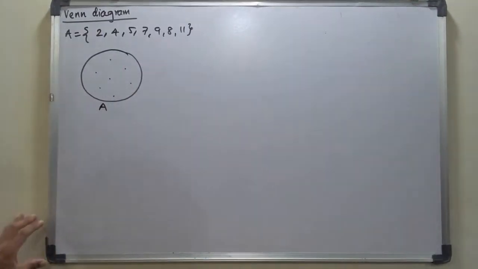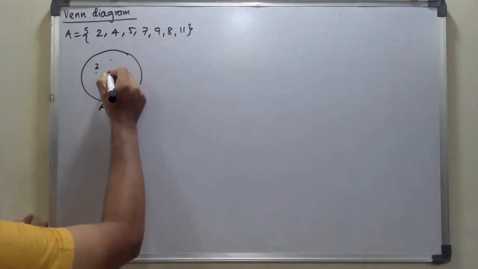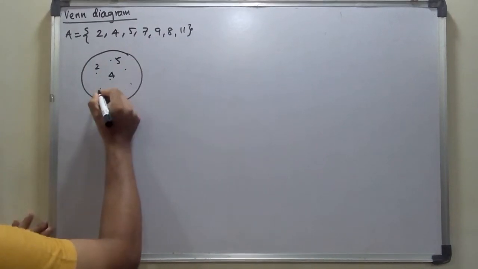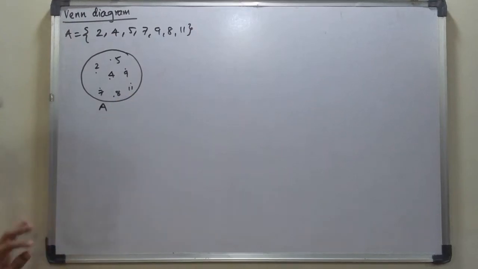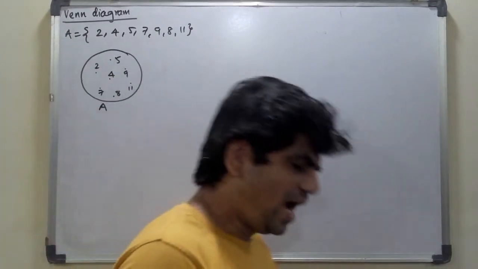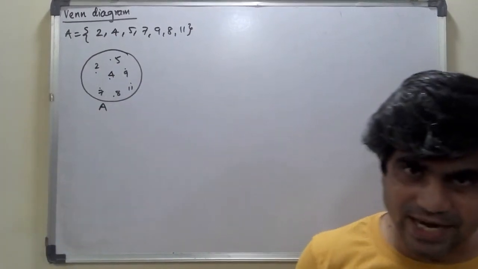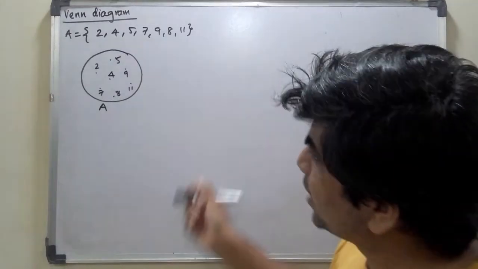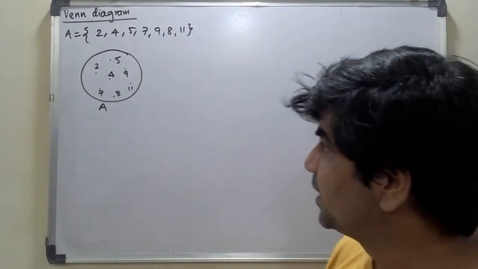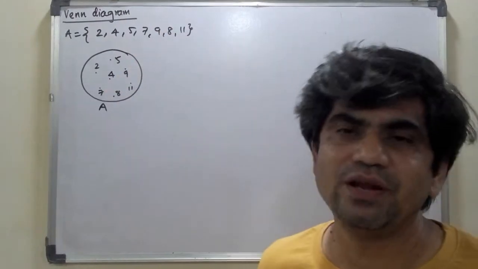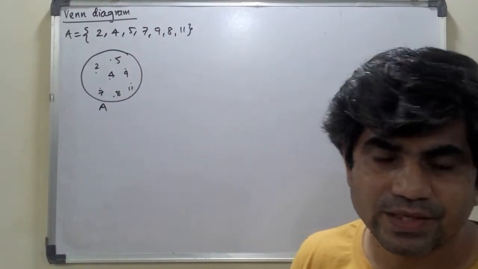It does not matter. So here 2, 4, 5, 7, 9, 8 and 11. And if you require one more set, you can draw another figure in the form of a square or circle. Now this helps you to a massive extent.